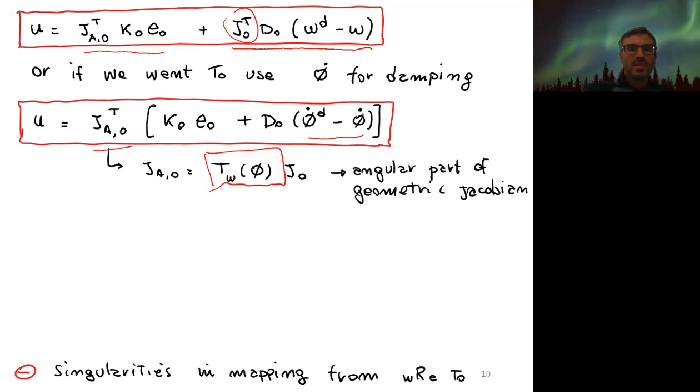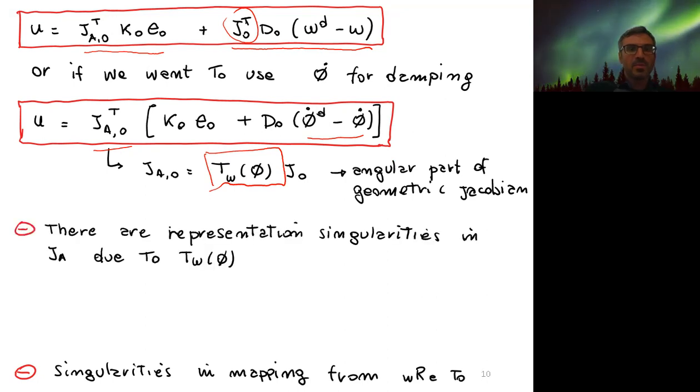This matrix has the problem that it can become singular, especially in the ZYX convention that we choose in this course. It becomes singular for a pitch angle theta of pi half. So we have representation singularity.